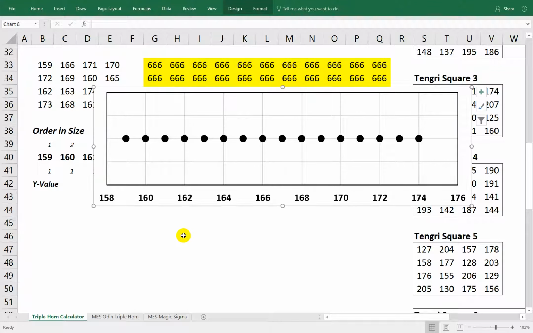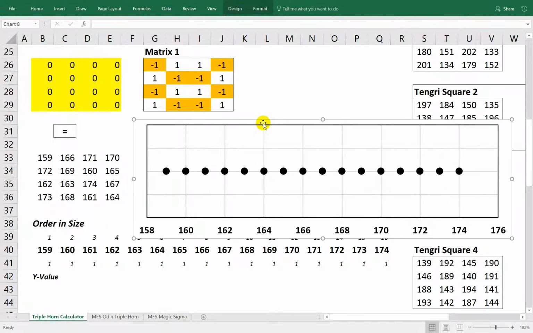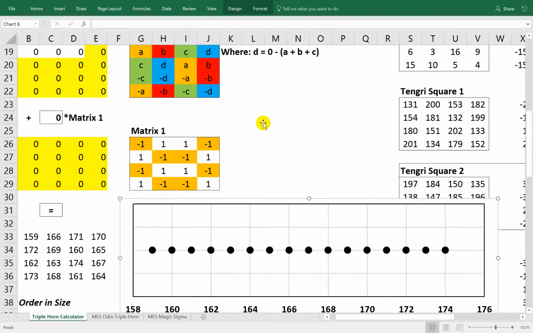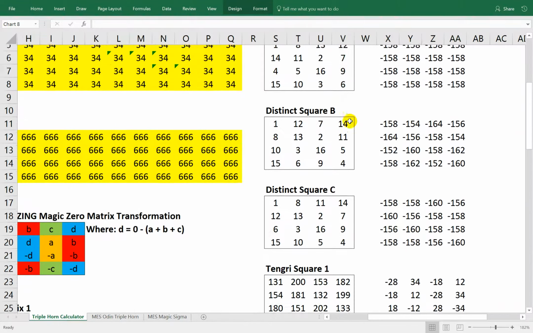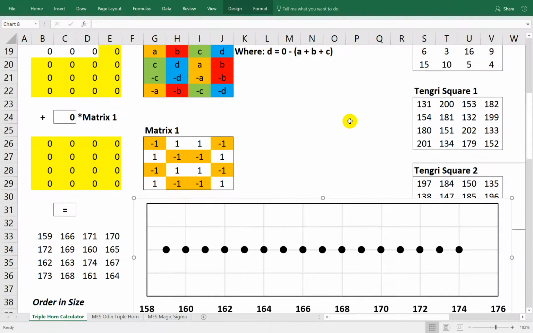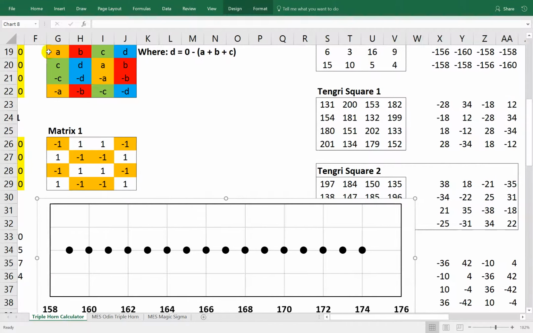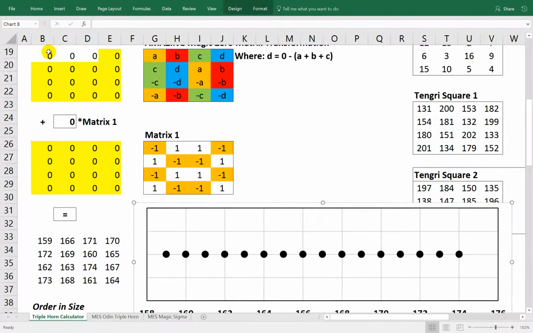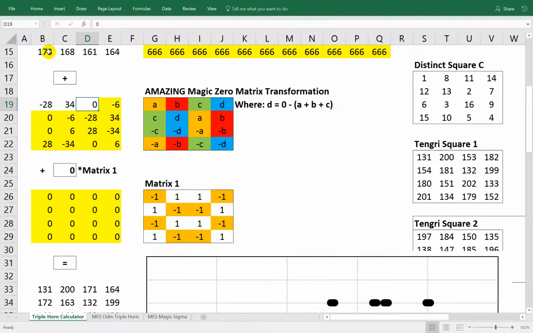What I'm going to do now is scroll this up here. First off, just to recap, I'll show you how you can get, for example, Tengri square 1. All we need is these 3 numbers, negative 28, 34, negative 18. This is just the difference from the square that we're looking at, which is this one over here. So just to show you again, negative 28, 34, negative 18.